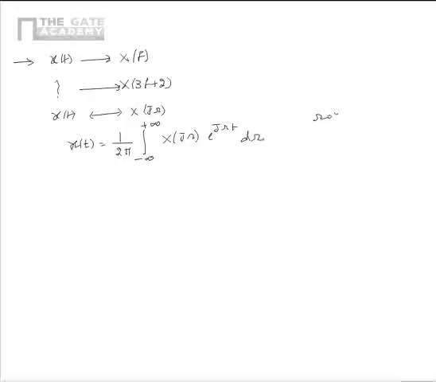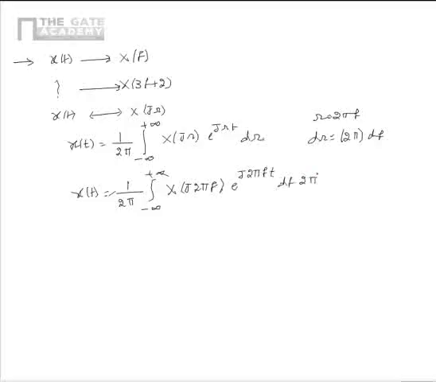Upon substituting omega equal to 2 pi f, we see that d omega is equal to 2 pi times df. So we can simplify the synthesis equation as x of t is equal to 1 by 2 pi integral minus infinity to plus infinity X of j 2 pi f e power j 2 pi f t df multiplied by 2 pi.